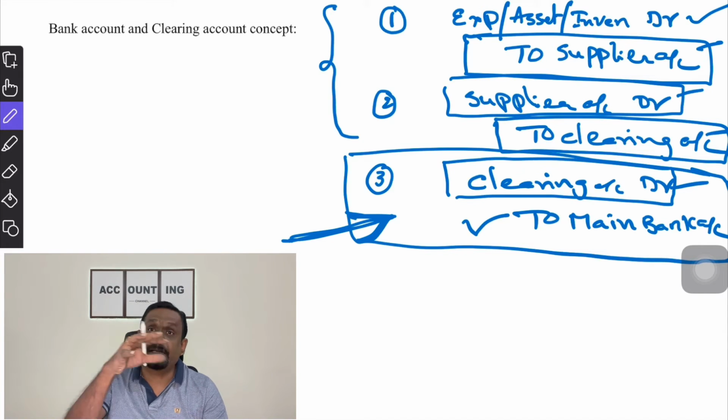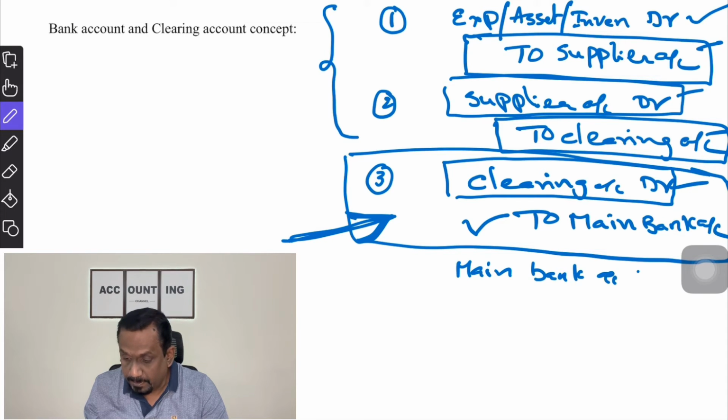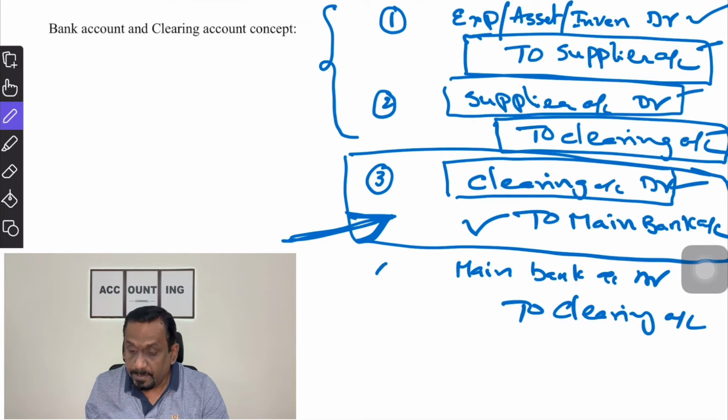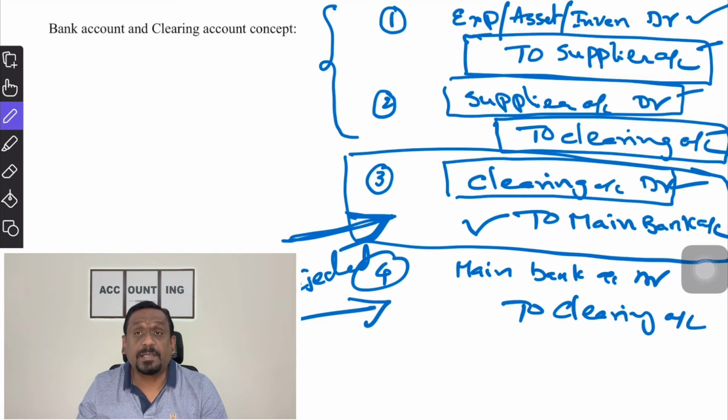When the bank statement gets uploaded, this entry also will get posted. How will that entry get posted? Main bank account debit, clearing account credit. This entry will get posted automatically only if the payment got rejected by the supplier bank.